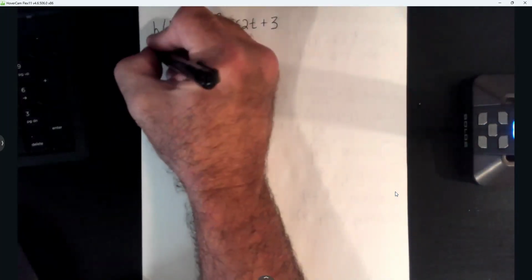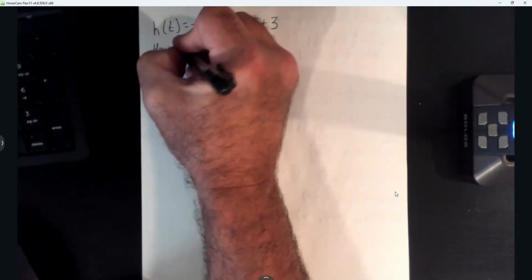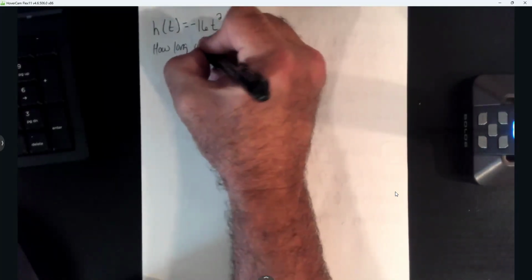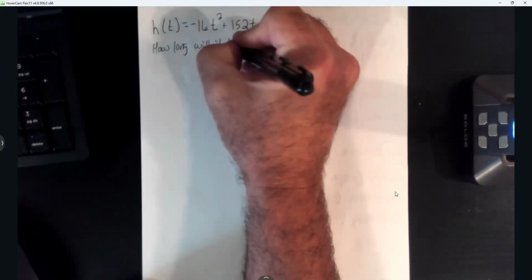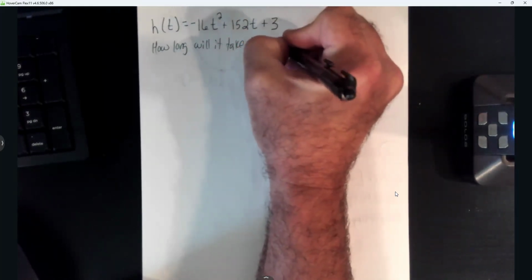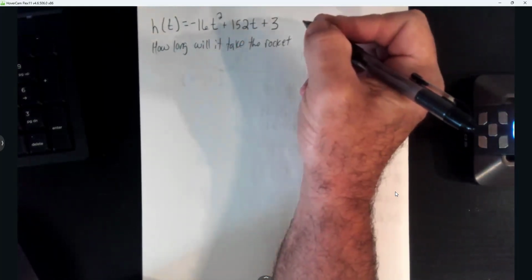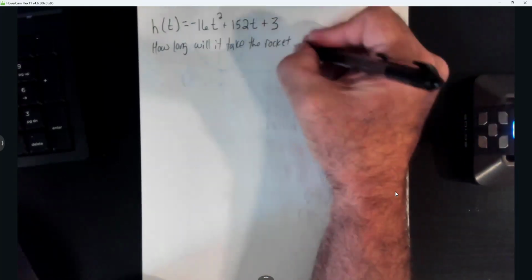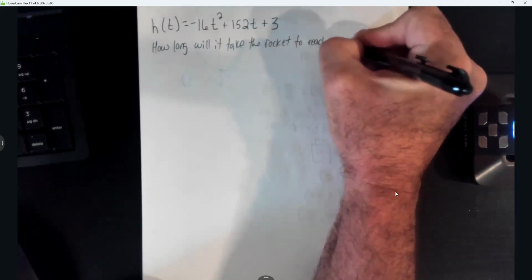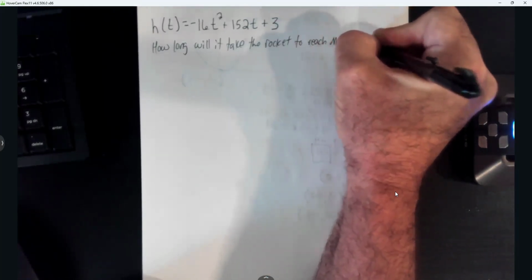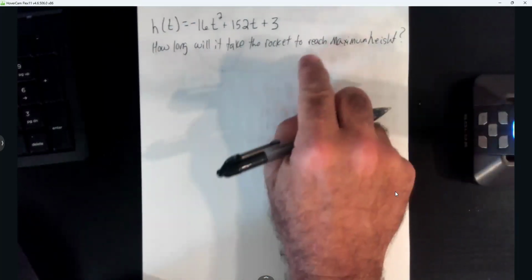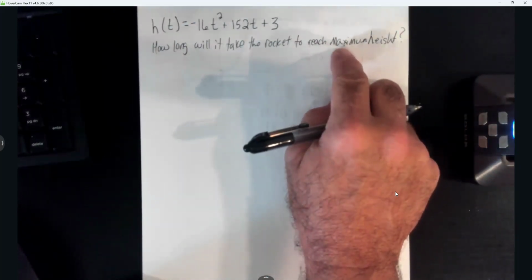So what they want to know is how long would it take the rocket to reach maximum height? So how long will it take the rocket to reach maximum height?